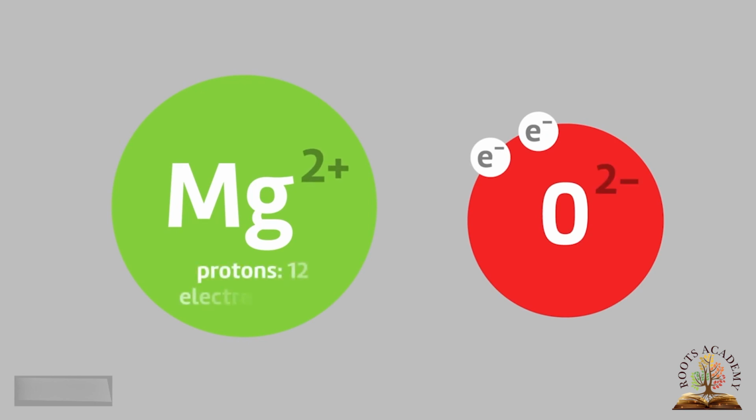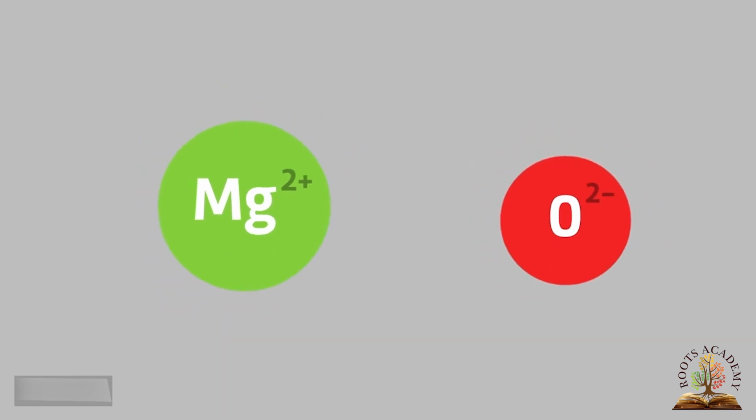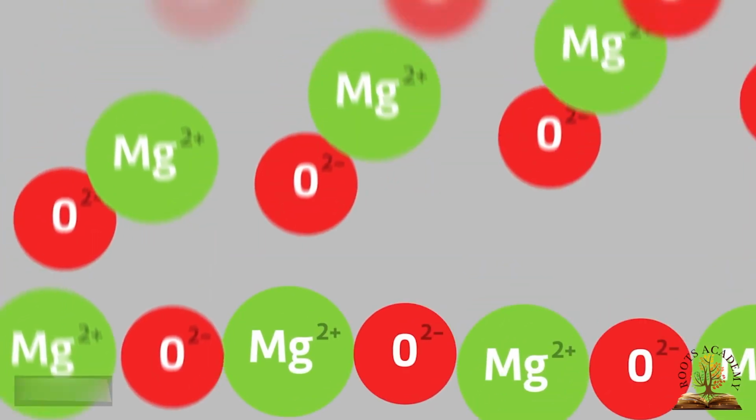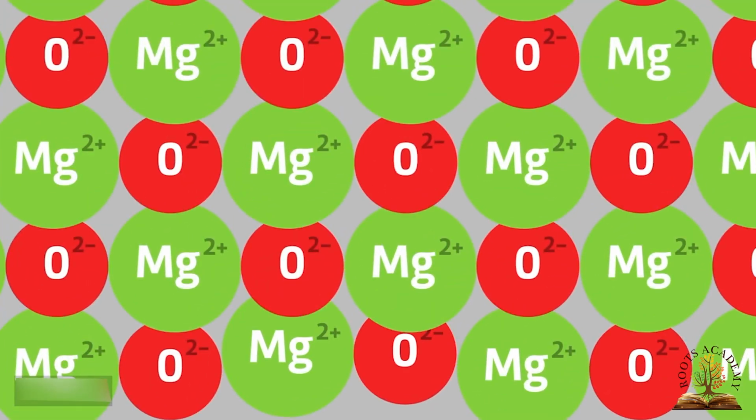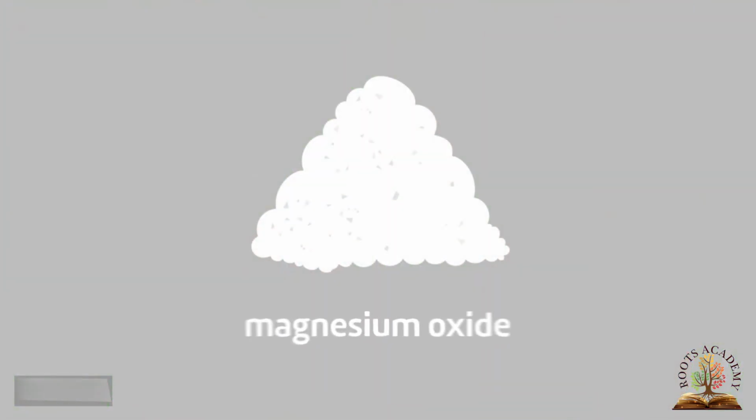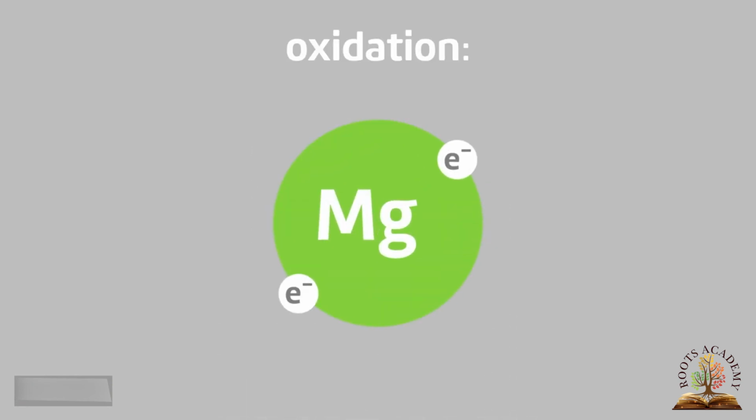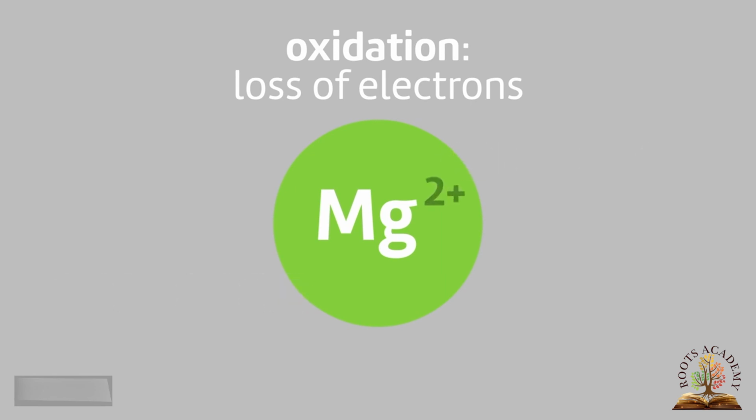The magnesium ions have an electrical charge of +2 because they've lost 2 electrons, and the oxide ions have a charge of -2 because they've gained 2 electrons. Positive and negative charges attract, so the ions bond to form a lattice. This is magnesium oxide, a white powder. Oxidation is the loss of electrons, so in this reaction the magnesium has been oxidized.